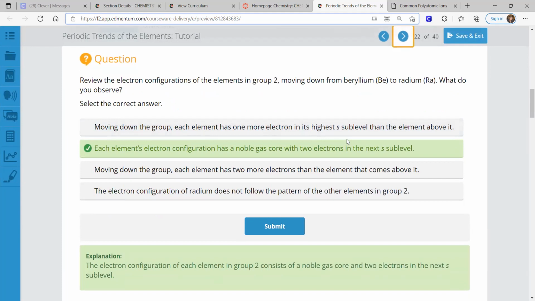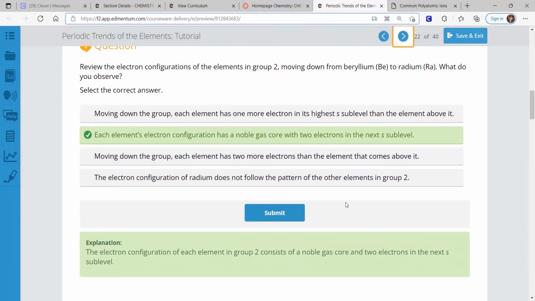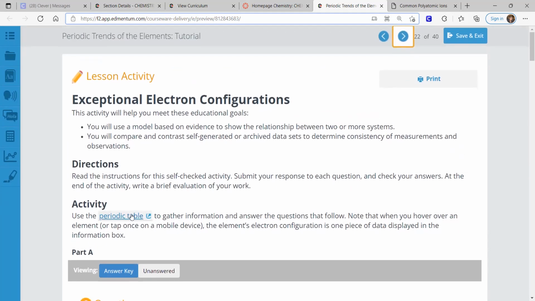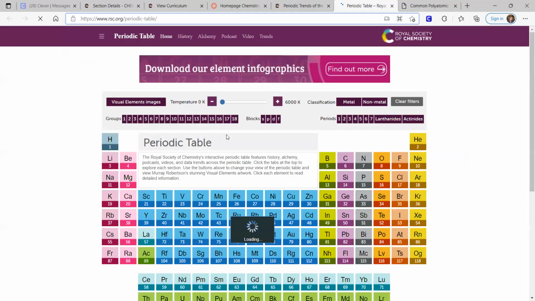Each element's electron configuration has a noble gas core with 2 electrons in the next s sublevel. Yes, so you're realizing that the configurations have patterns. In group 2, you're moving from beryllium to radium, and we'll show you what that means exactly if we can get it pulled up.